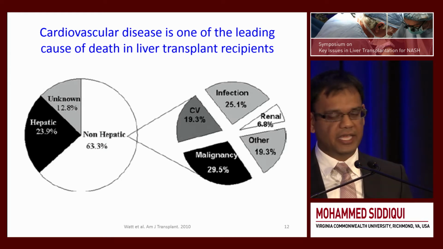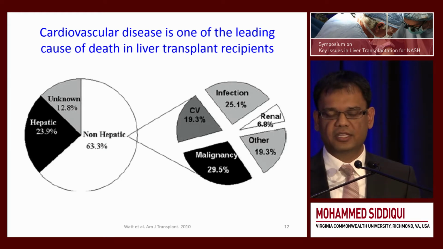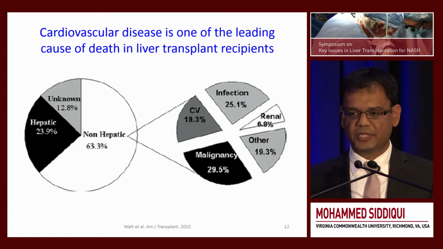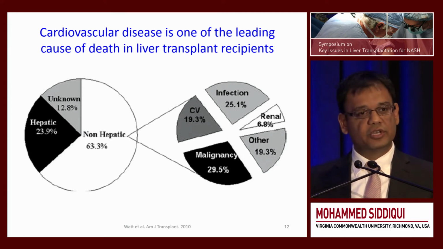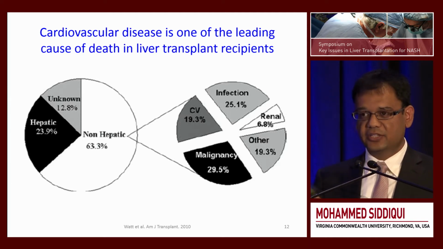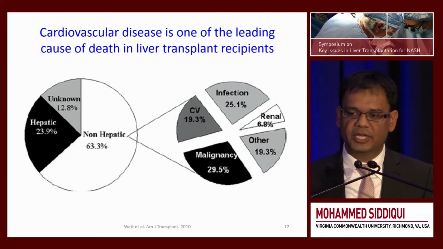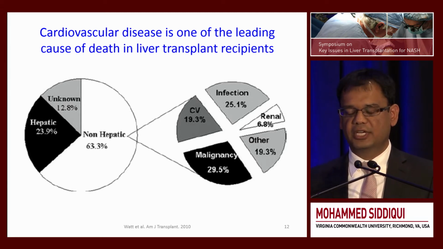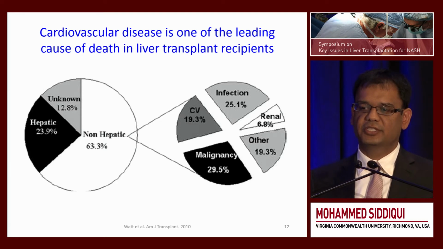So let's understand the causes of long-term mortality, and this is a multi-center cohort. And you can see, and this is going to change, because recurrent liver disease is not going to be a major cause of mortality in patients with NASH. And NASH, as speakers before me have shown, is an increasingly common indication for liver transplantation.